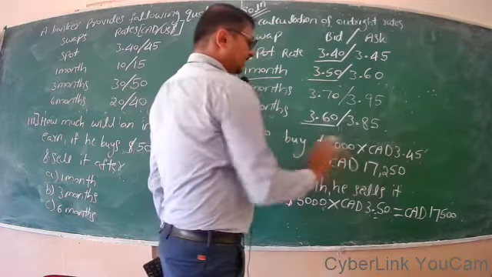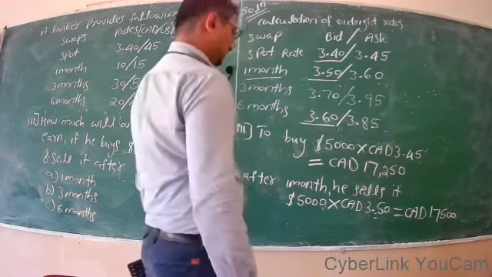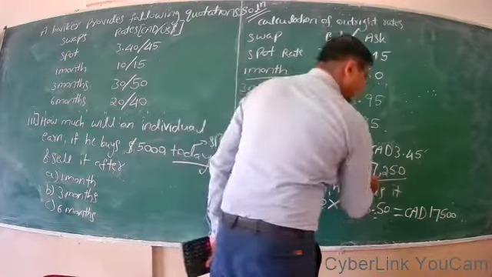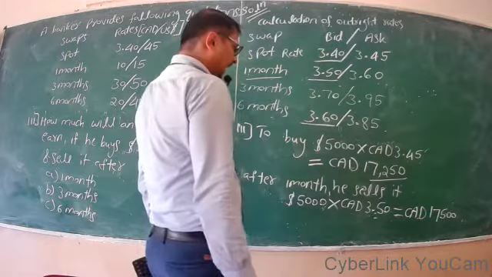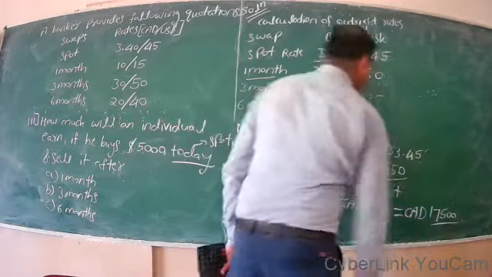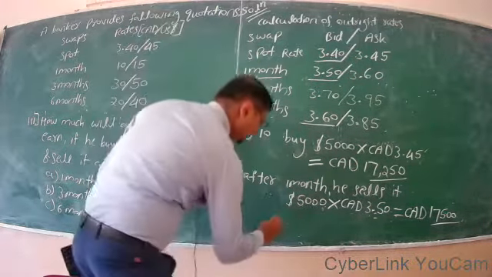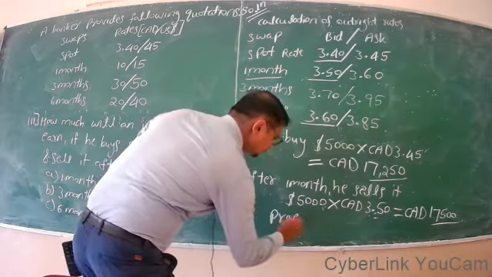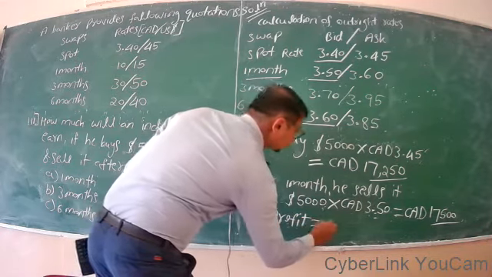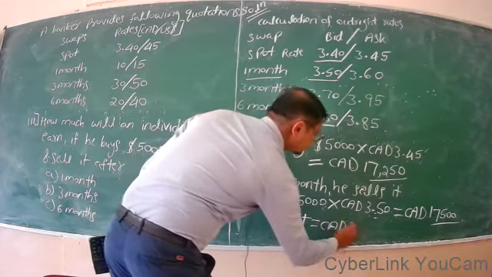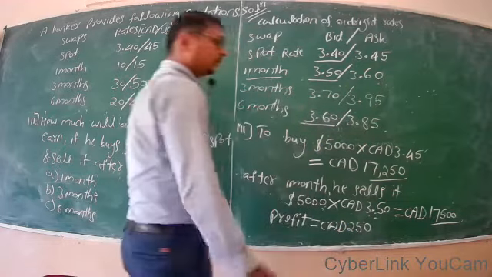So he is getting 17,500, right? He has paid 17,250 and now he is getting 17,500, right? So ultimately the profit is 250 Canadian dollar.